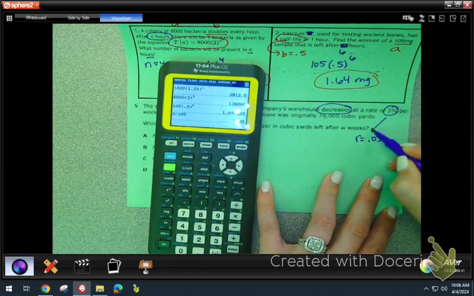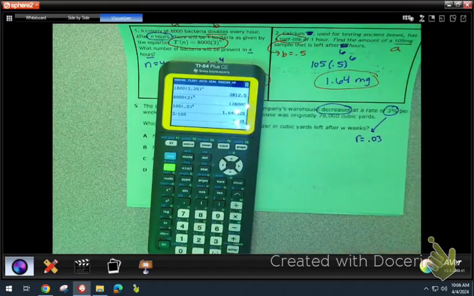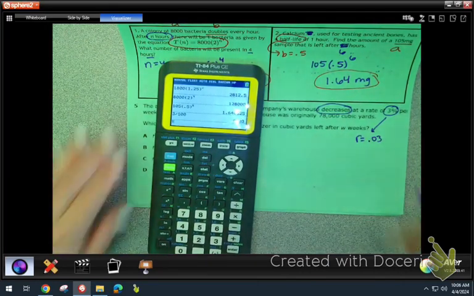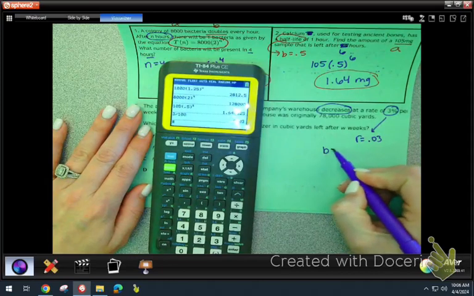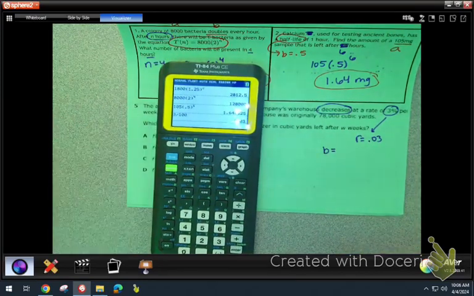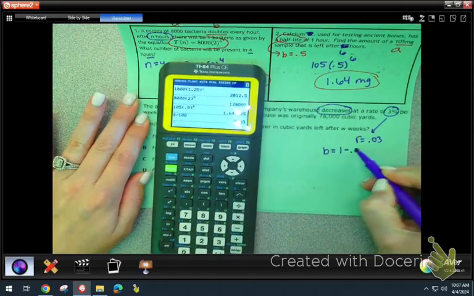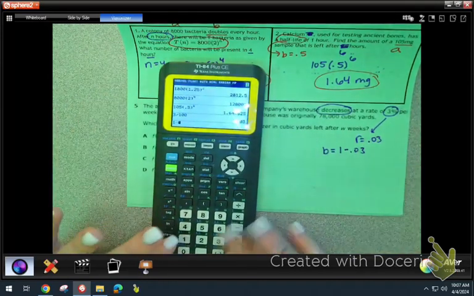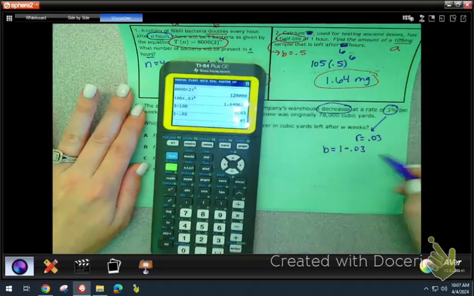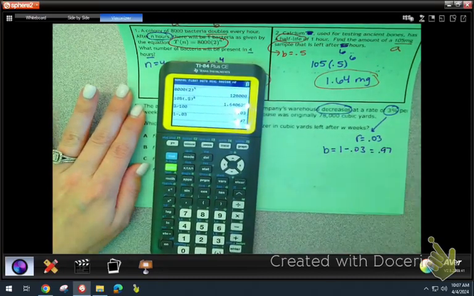That's immediately what I would do if I see a percent. Now, since it says it decreases, am I going to do 1 plus or 1 minus? 1 minus. I would go ahead and write that down. So this is my B value, 0.97.